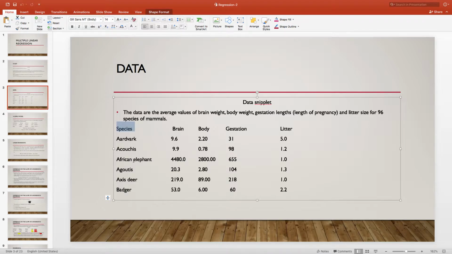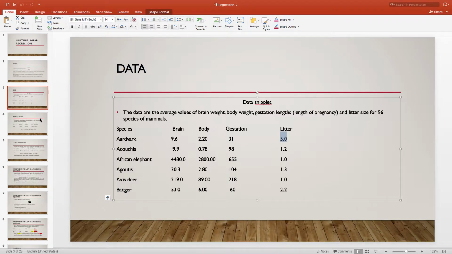There is more data to this, and here they record the brain size of the species, the average brain size. They record the body size, body weight. They record the gestation length, and they record the number of offspring, or the litter size, for the species.